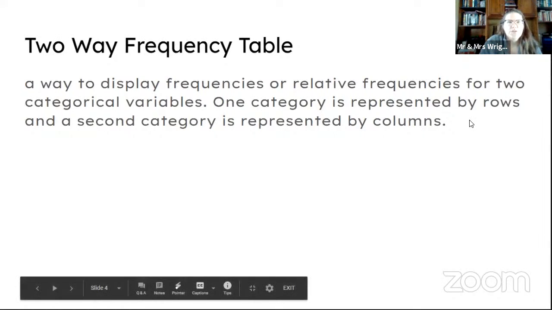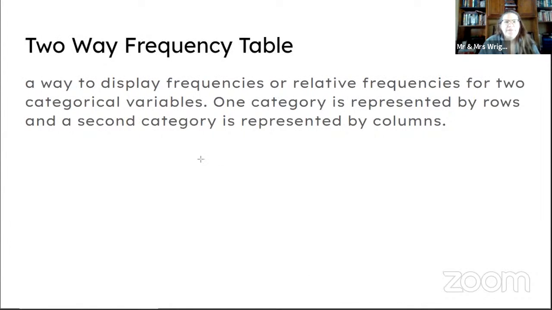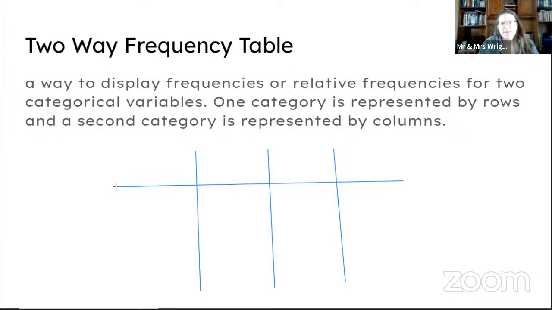All right, two-way frequency table. Now, a two-way frequency table means we're going to have some of that bivariate data, and we're going to have a table with that data.